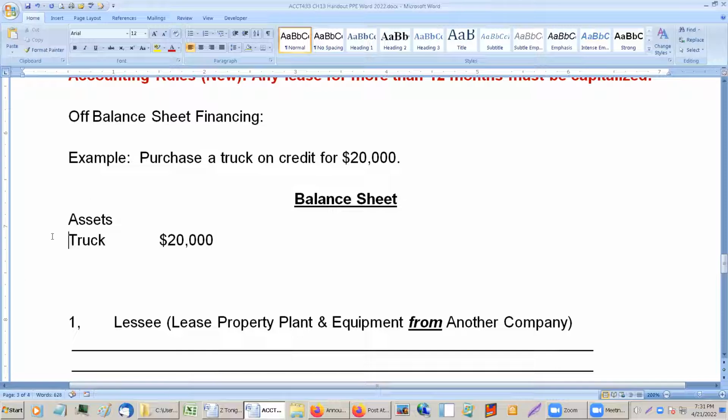So let's say that we purchase a truck on credit, $20,000. So you have an asset of $20,000 and you have a liability for $20,000.